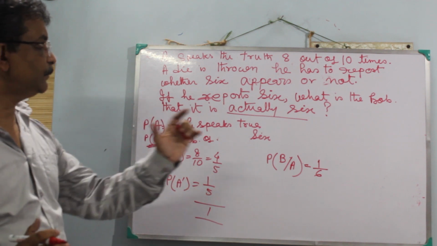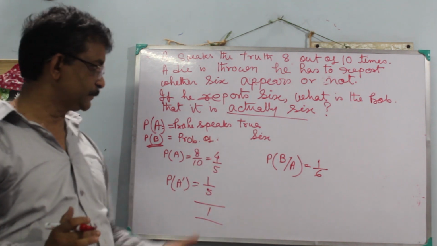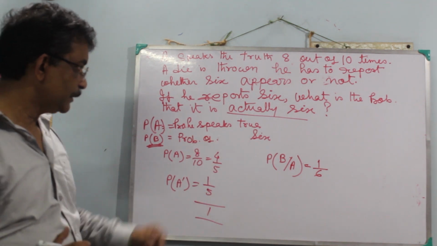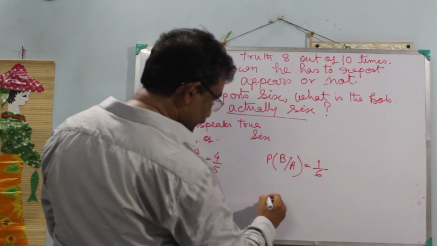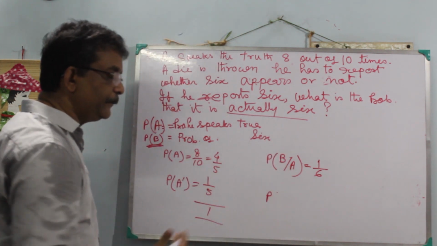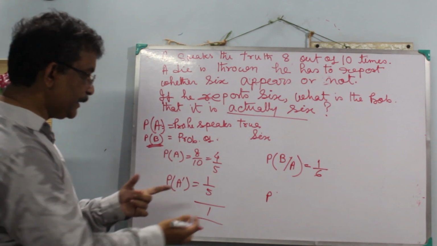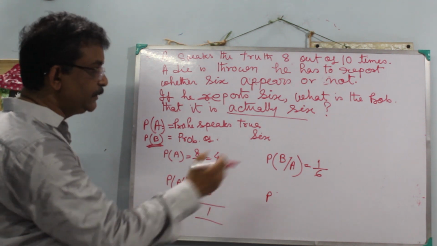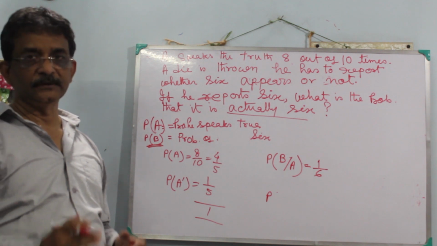What is the probability of reporting 6? Reporting 6. He says false. If 6 does not appear and he speaks false, then he will report 6.